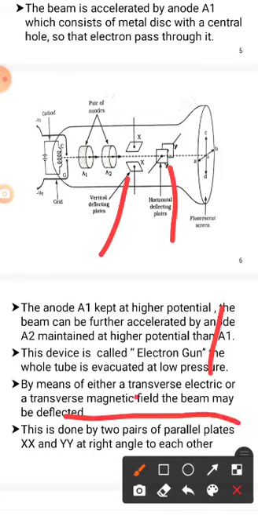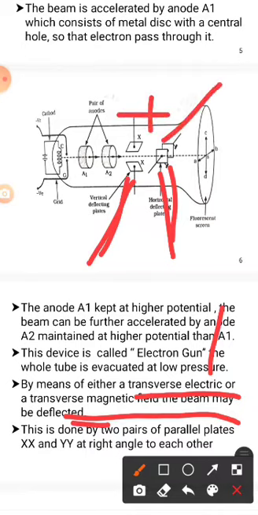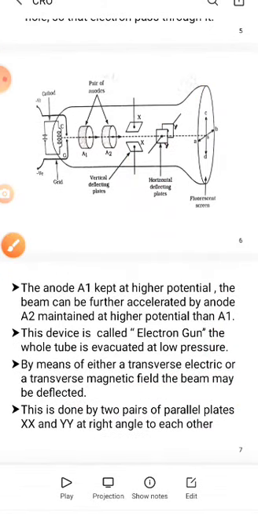These are the two pairs of parallel plates, the horizontal deflecting plates, along the x-axis and the y-axis, at right angles to each other.